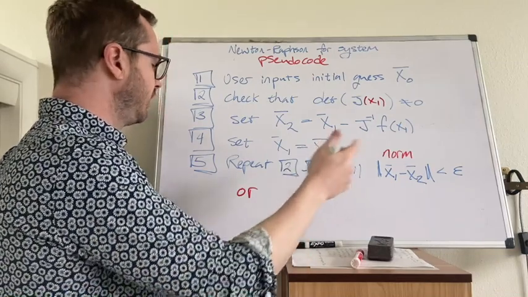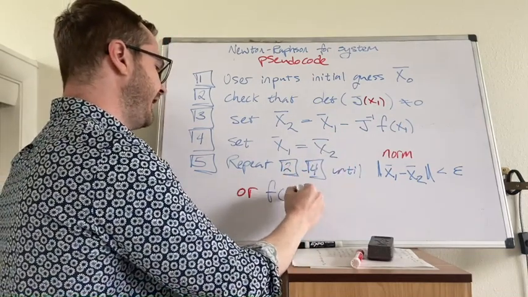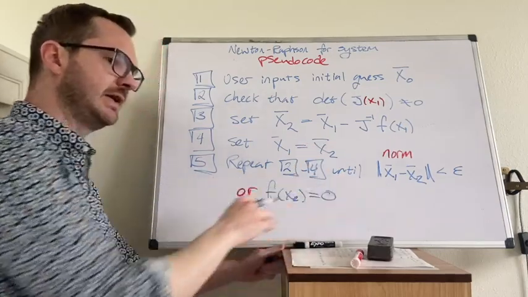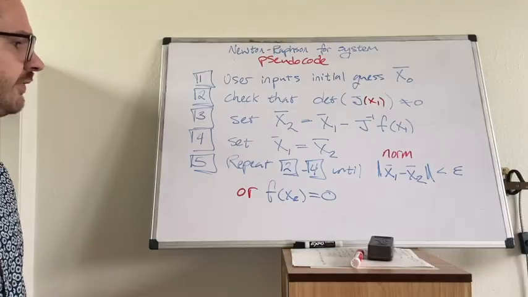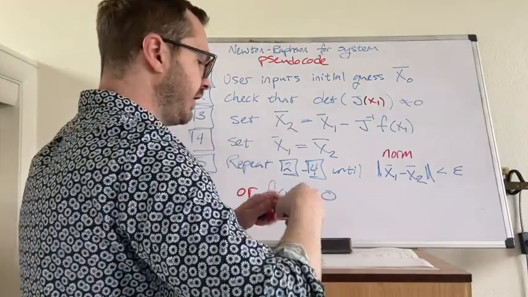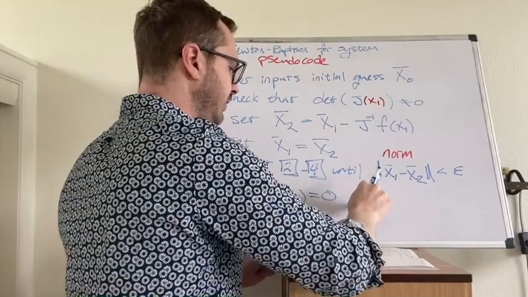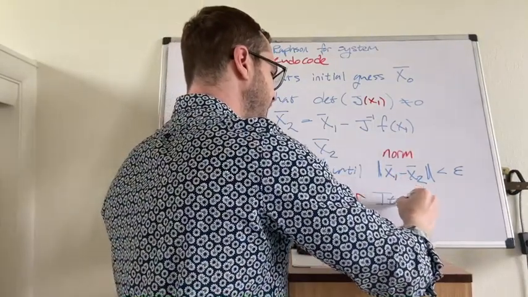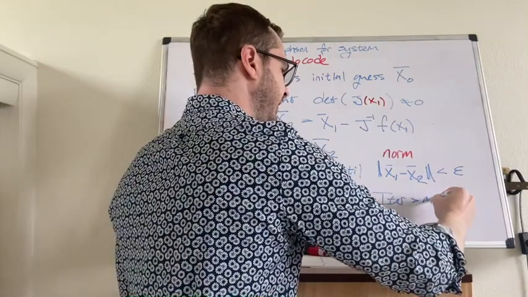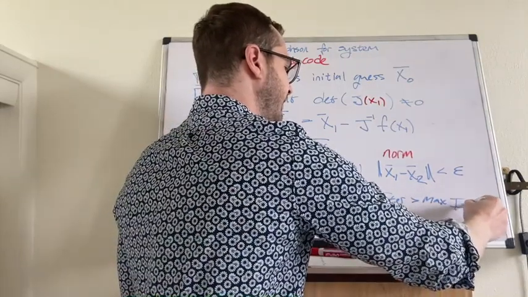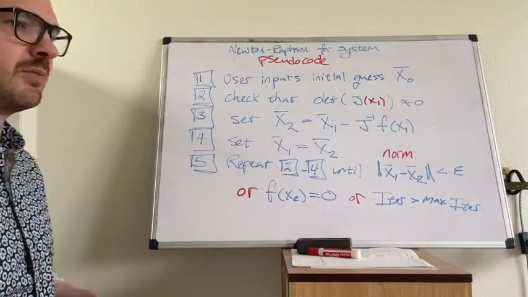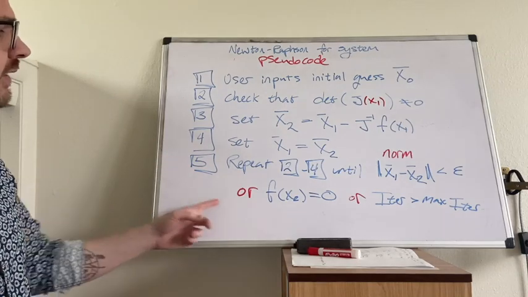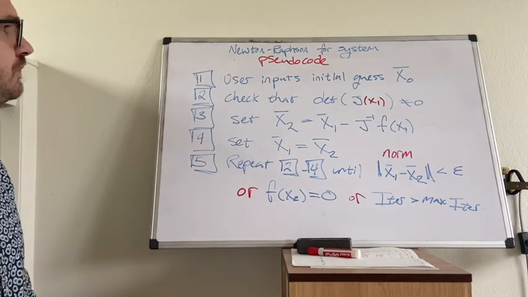We could say or f of x, x1, x2, this could exactly equal 0, which means congratulations, you found your roots. But really, the other or we're worried about, or if your number of iterations has exceeded some maximum number of iterations. So again, we've seen all of this on the previous algorithms. If you have your bisection and Newton-Raphson up and running, this will make sense to you.